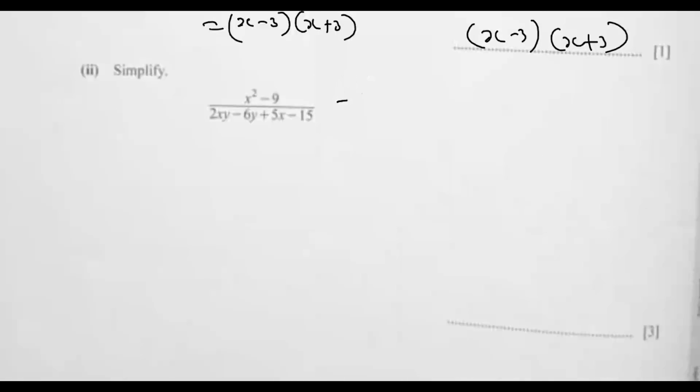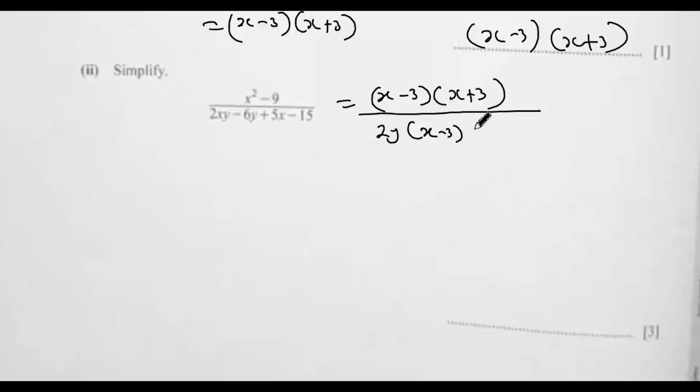Okay, we know that the numerator is already x minus 3 into x plus 3, then everything over. So if we factorize this, we are going to have 2y into x minus 3, then plus 5 into x minus 3.